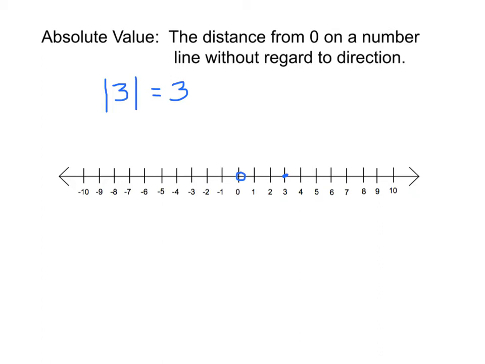At the same time, what is the absolute value of -3? Well, the absolute value of -3 is also equal to 3 because it is 3 units from 0 on a number line. So just remember when we talk about absolute value, we mean how far, but it has nothing to do with going in the positive direction or the negative direction.